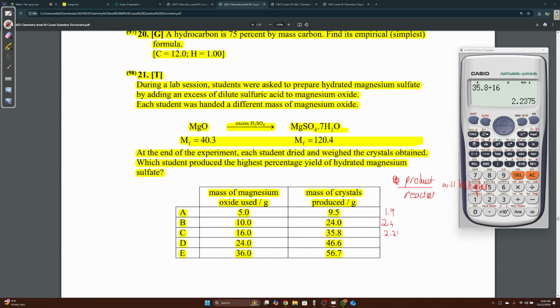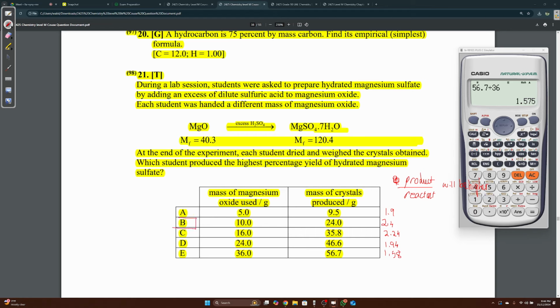Let's just put it as 2.24. 46.6 divided by 24 is 1.94. And then 56.7 divided by 36 is 1.58. So which one here has the highest ratio?